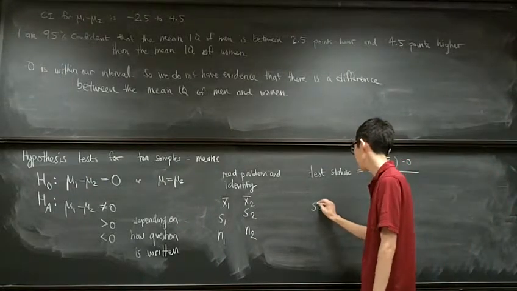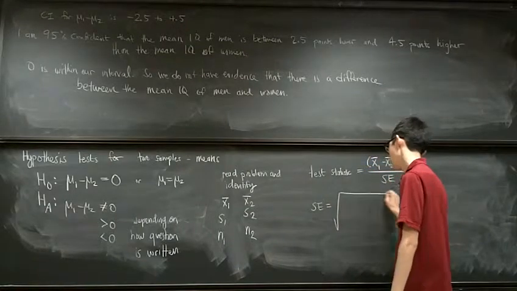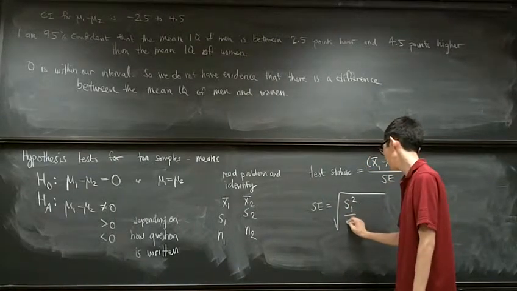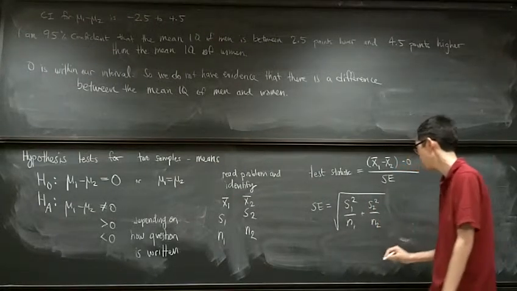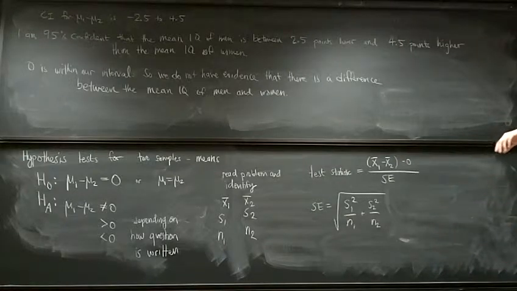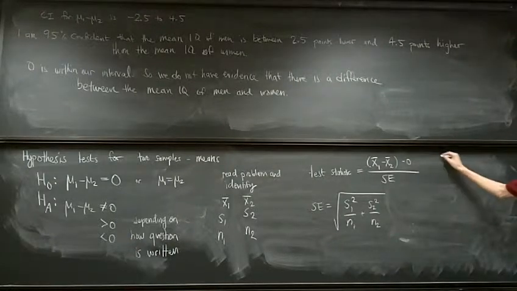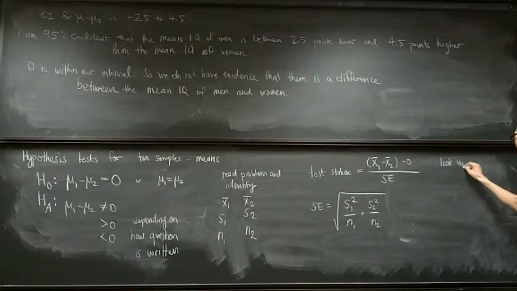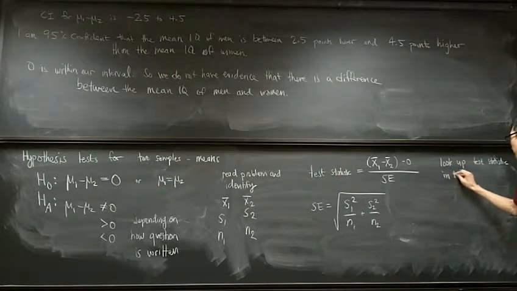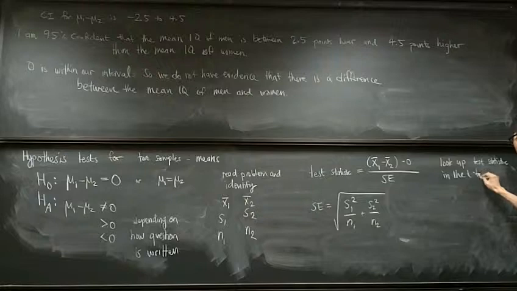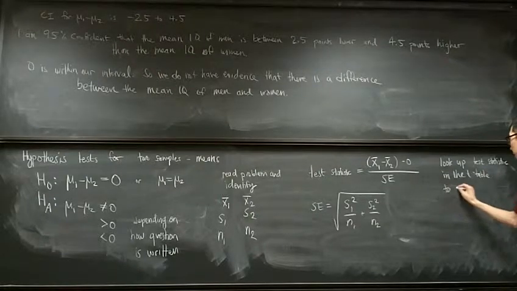Standard error is the same thing that we use for a confidence interval: the square root of s1 squared over n1 plus s2 squared over n2. Then you look up the test statistic in the t-table to get your tail area.